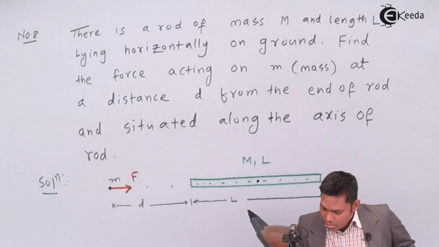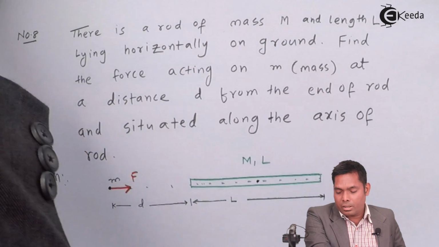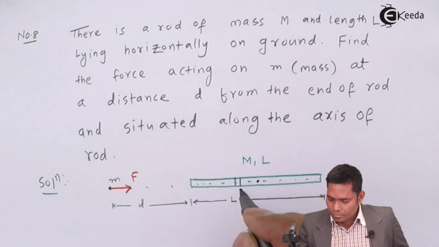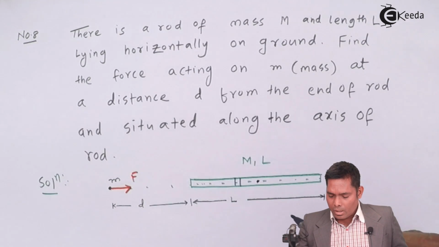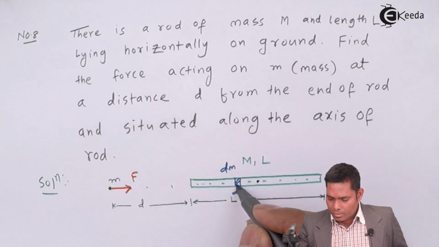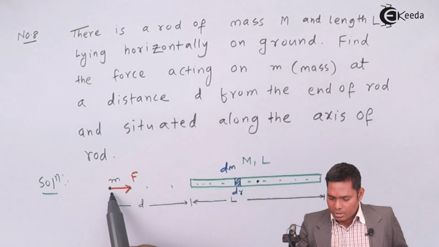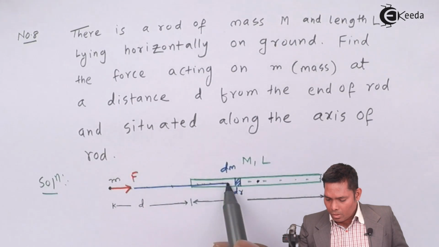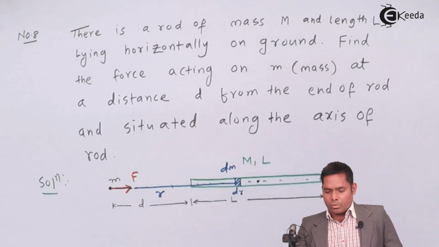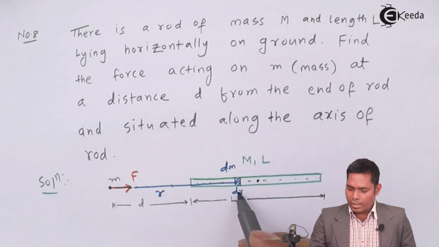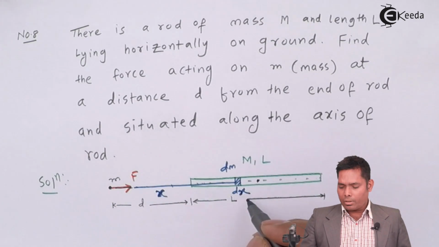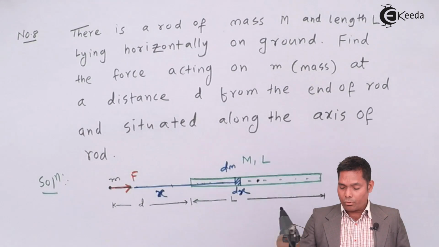Now in this type of situation, we'll consider an element of mass dm and length dx, which is at a distance x from this point mass. So at a distance x, I will consider a strip of length dx, mass dm of the rod, which is uniform.